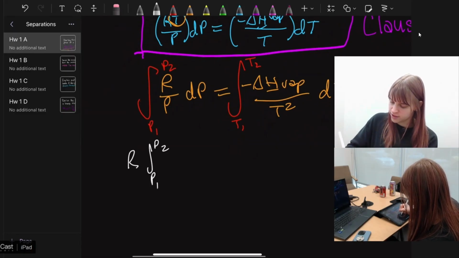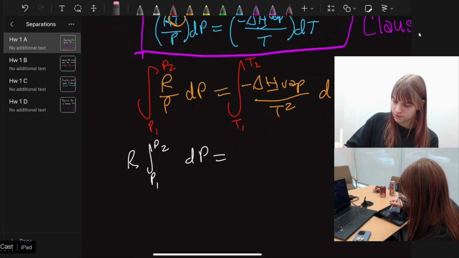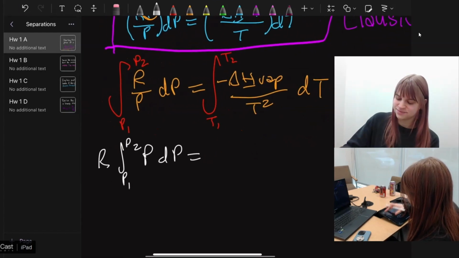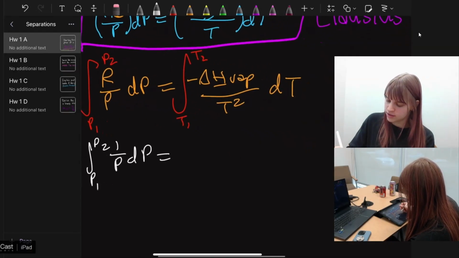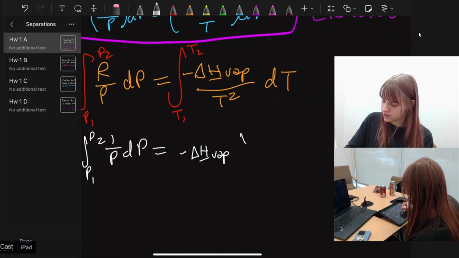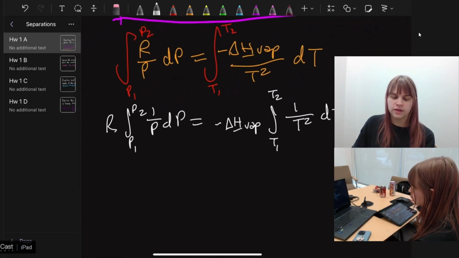And then just rewrite this with a 1 over P there. This delta HVAP is also going to be a constant, going from T1 to T2, 1 over T squared times dT. And now we just need to integrate this.